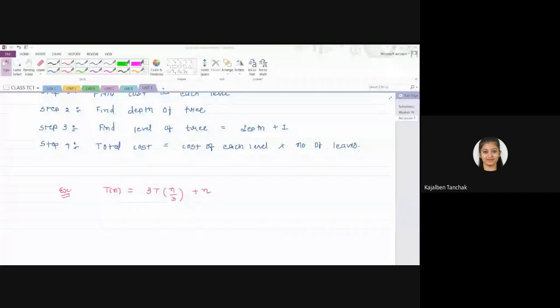Okay, so tell me what answers you are having, everyone. What is the answer? Which case you have applied? Quickly tell me which case. Case number 3. Okay, everyone is getting the same. Case number 3, or will any other cases apply?